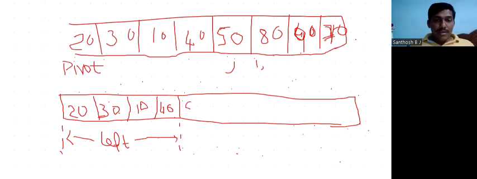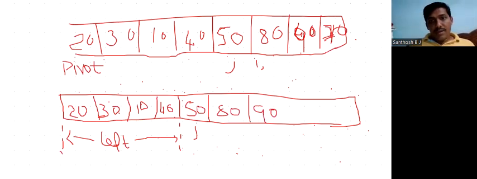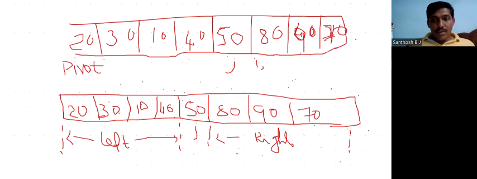And 50 here is already sorted; it is the sorted value, at the J position. After that, the remaining elements 80, 90 and 70 are another array, called the right part of the array. Okay, understood?